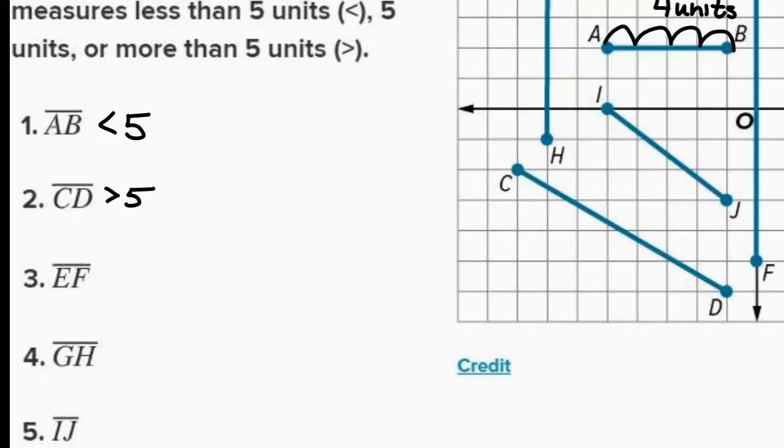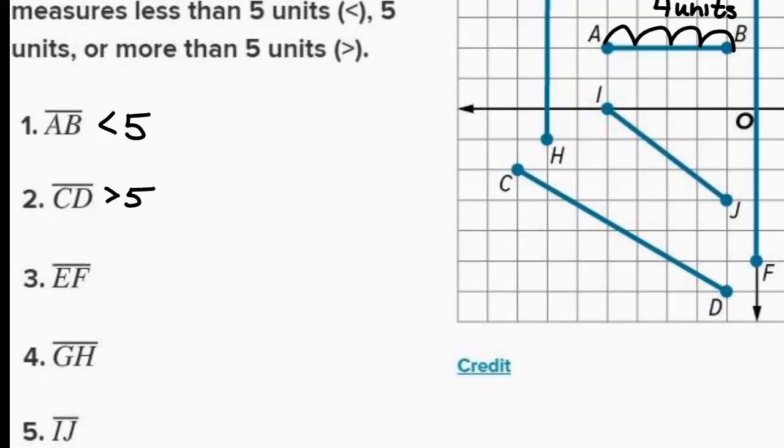EF, this is vertical. Yesterday when we were looking at distance, we were looking only at horizontal, and so we did absolute value of x2 minus x1. When I'm looking at just a vertical line, I'd do it the exact same way, but instead of x's, I'd look at y's. So y2 minus y1 absolute value.